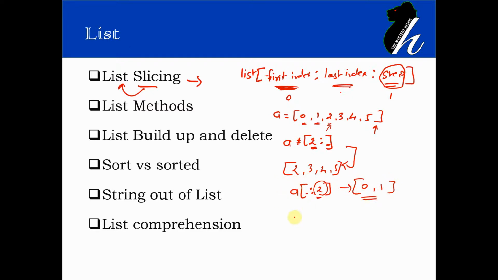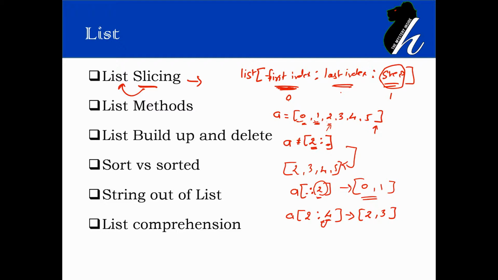We can even mention something like A of 2 colon 4. So it would start extracting elements. This is the 0th element, this is the first element, and this is the second element. So the answer would be 2 and 3. It is going to extract the values before the last index. So this is how list slicing is working.